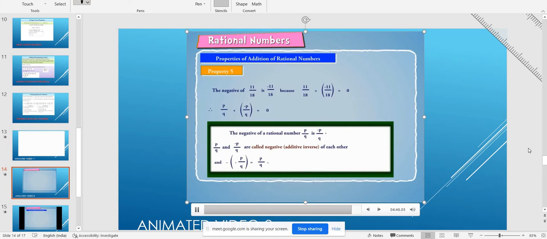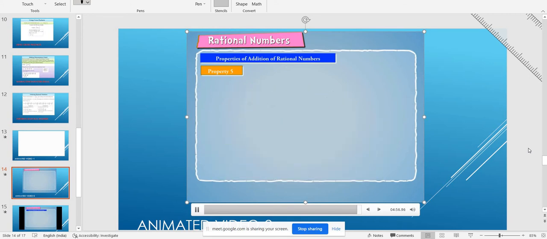Also, p by q and minus p by q are called negative of each other, and minus of minus p by q is equal to p by q. Thus, if a plus b is equal to 0, then b is the negative, additive inverse of a, and vice versa.